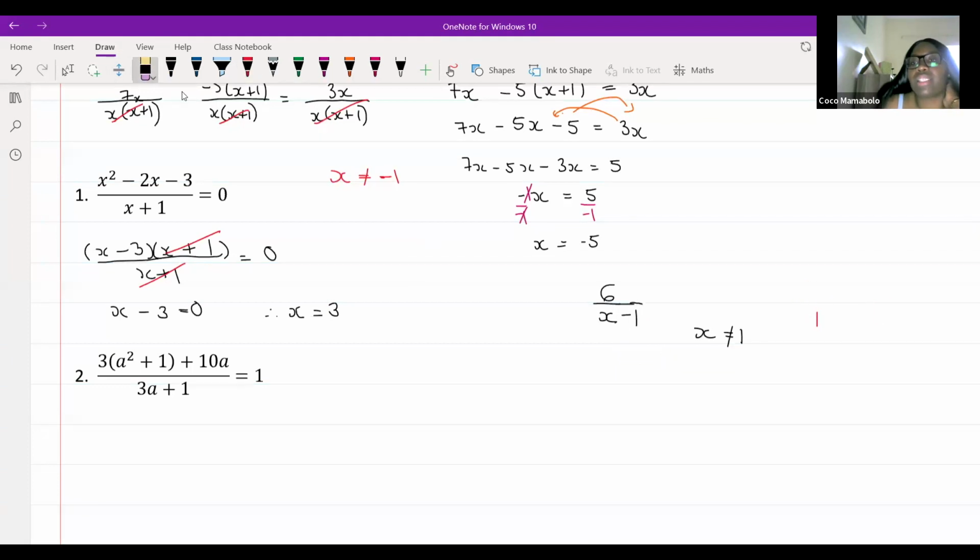Okay, so let's say, for instance, I then do this. If I say I've got 5 over x minus 3, what can x not equal? What is going to make my denominator equal to 0? X cannot equal 3, correct, that's it. X cannot equal 3 because then my whole denominator is going to equal 0.